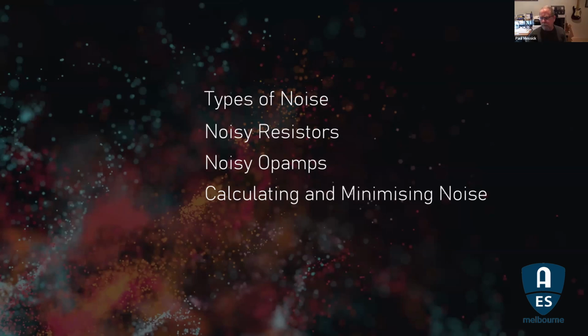How to calculate and minimize noise in design. And then I'm going to design a real mic preamp, build it. Actually, I've done it already. Make some measurements and see how we did relative to what the mathematics tells us.